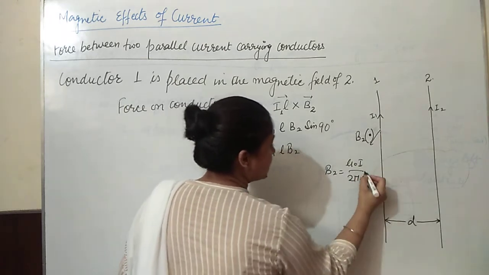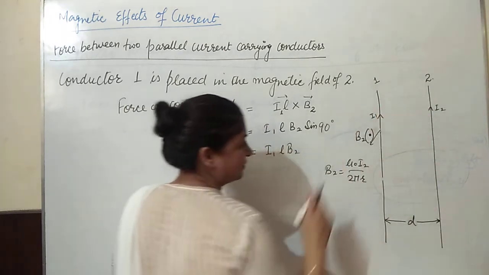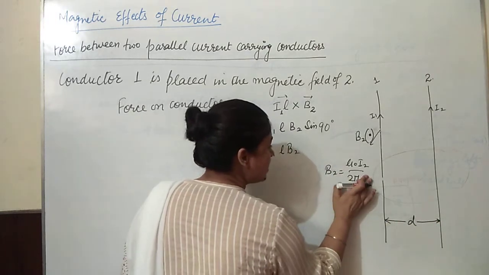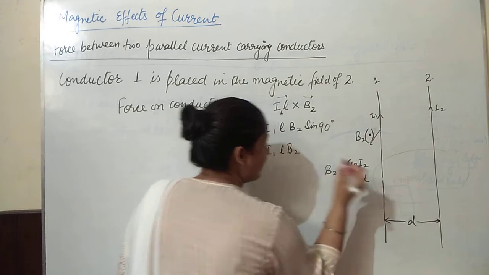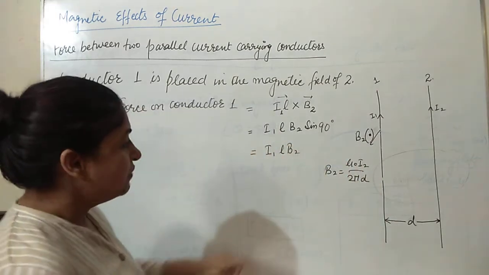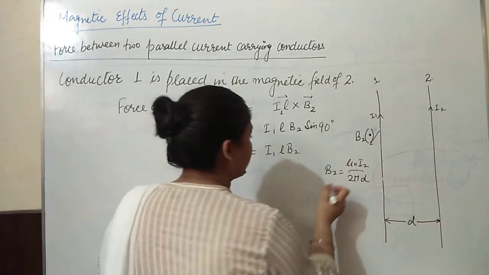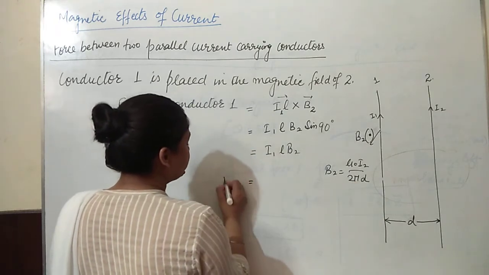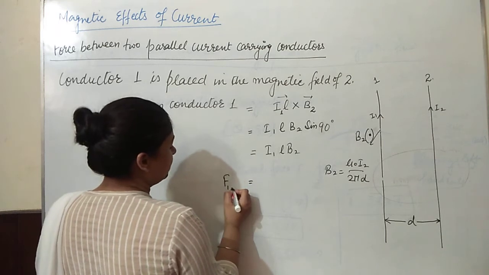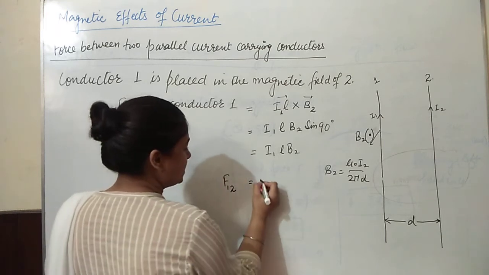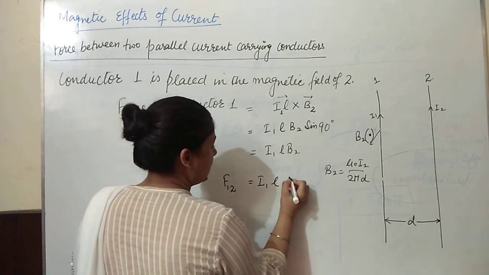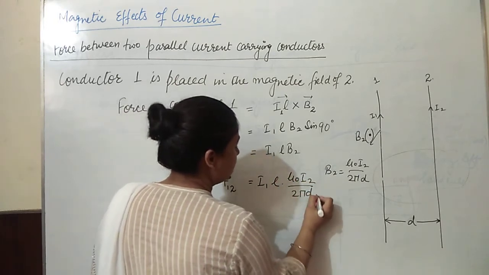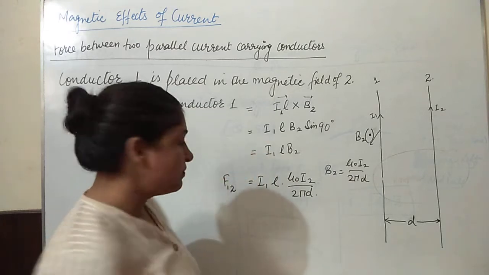Here I is I2 and r is D, so B2 is mu naught I2 over 2 pi D. Substituting, the force on conductor 1 due to conductor 2 is I1 L mu naught I2 over 2 pi D.